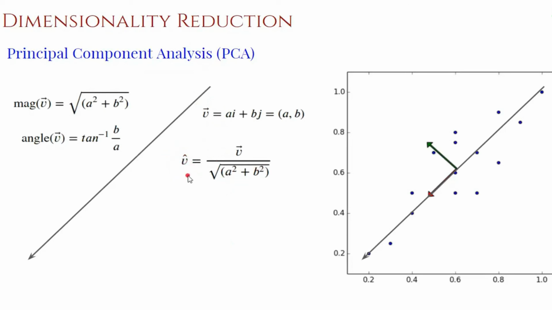The magnitudes of the original vector and the unit vector are different, but they share something in common: the same direction. Only the length changes. Here the length was large, here the length is just 1 unit. But this vector v and this unit vector v hat have the same direction. That is an interesting property.